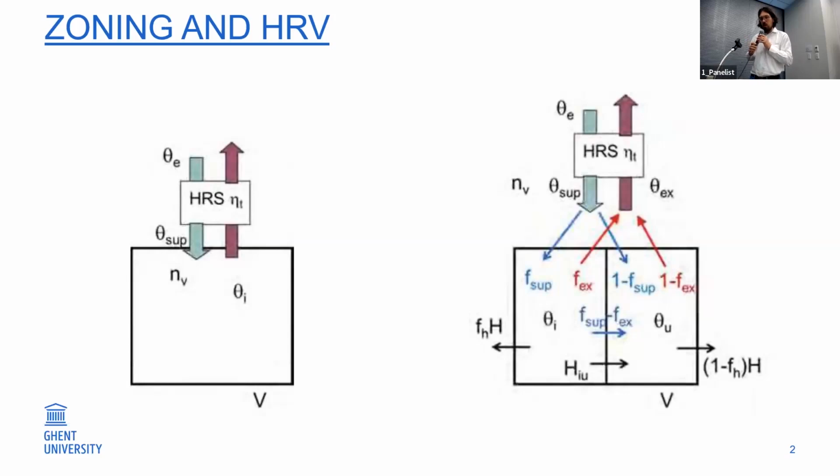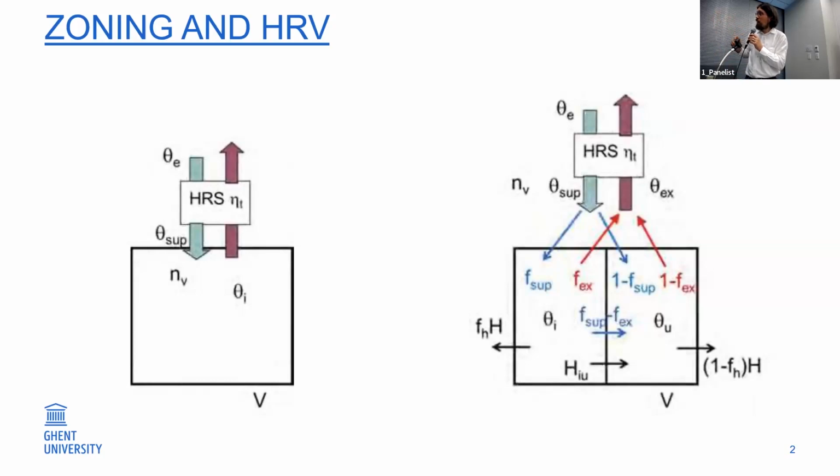We started this analysis a couple of years ago, and this is a picture from a paper that Arnold wrote about this, where we look at buildings that are not one-zone buildings, but have multiple zones, of which some are heated and some are not heated. But the central heat recovery ventilation system delivers air to each of these spaces.